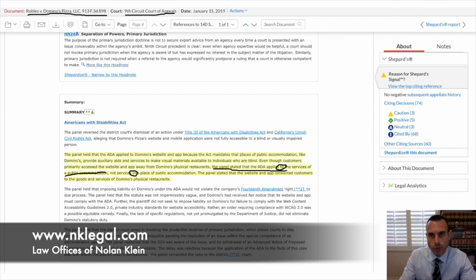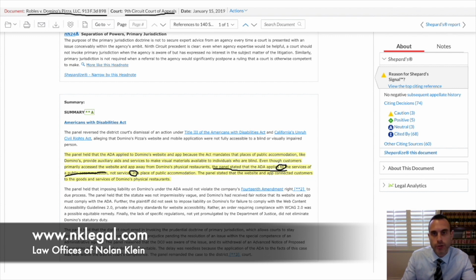Now, just a note here about the way that the federal judicial system is organized. Every place in the United States is within some district. So, Los Angeles is within the Central District of California. Miami is within the Southern District of Florida. Manhattan is within the Southern District of New York.